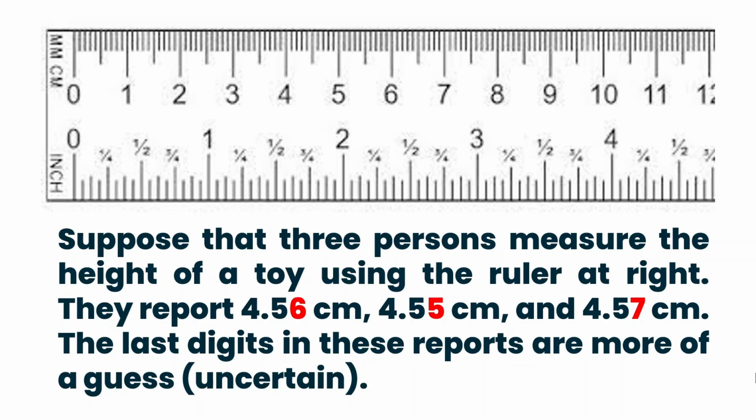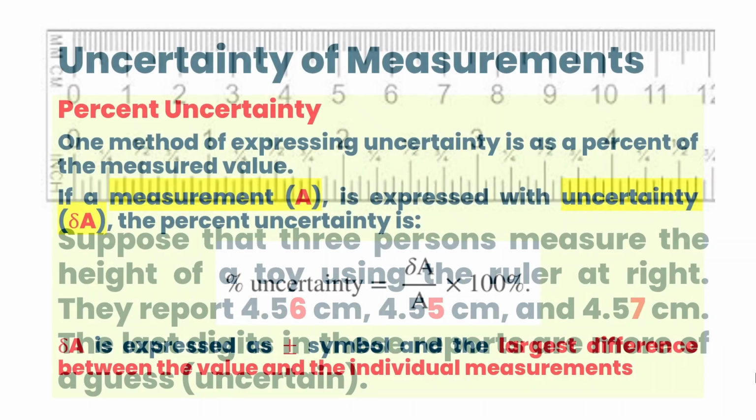So you can just have 4.1, 4.2, 4.3, 4.4, 4.5, but the second digit is more of a guess. And that's why we said that every measurement is uncertain, because no tool can ever have infinite numbers of measuring lines. But we can actually present uncertainty in terms of value.